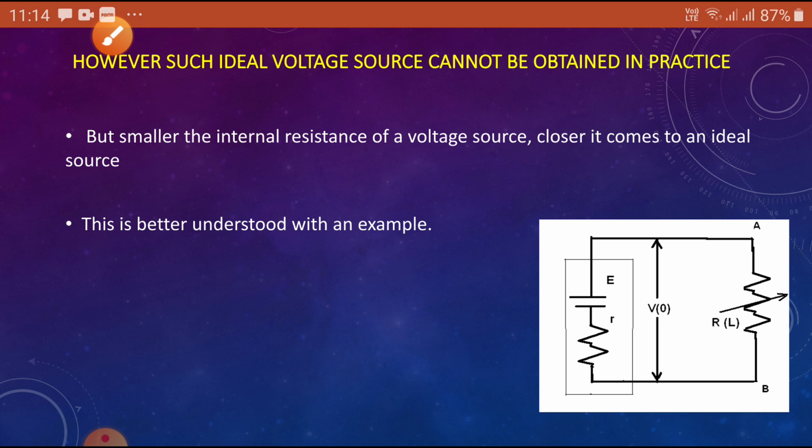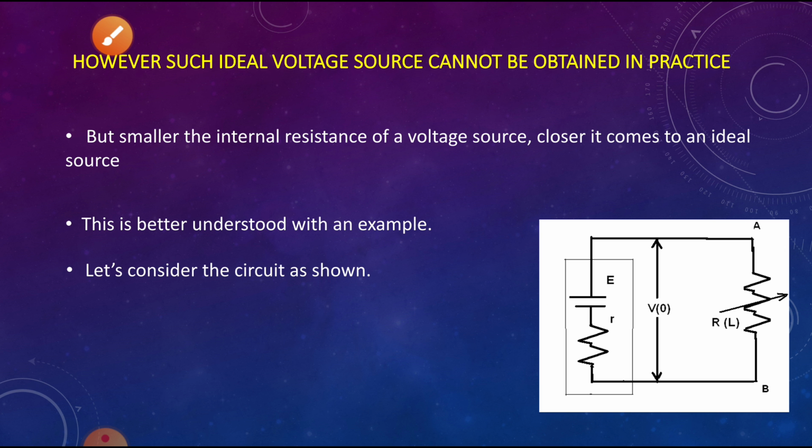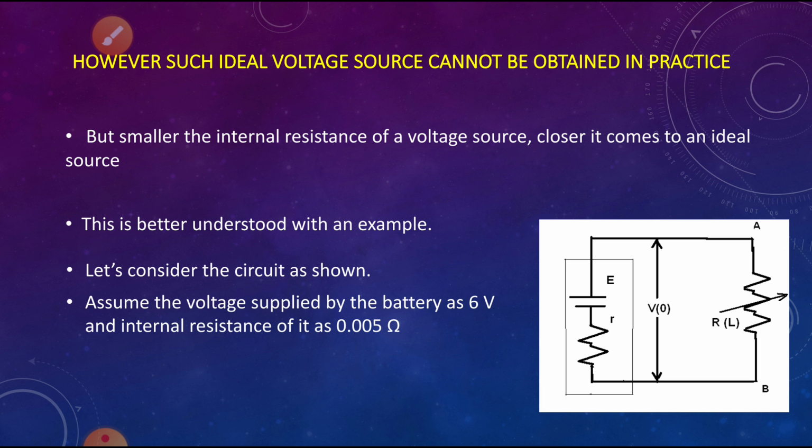Now, let us consider the circuit as shown. Assume the voltage supplied by the battery is 6 volts.